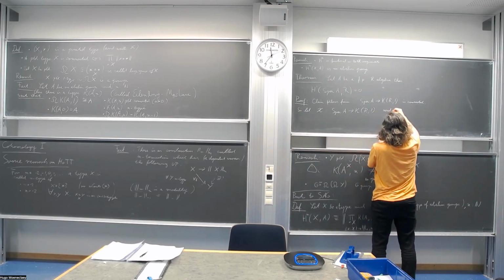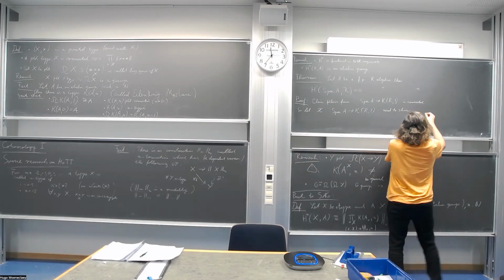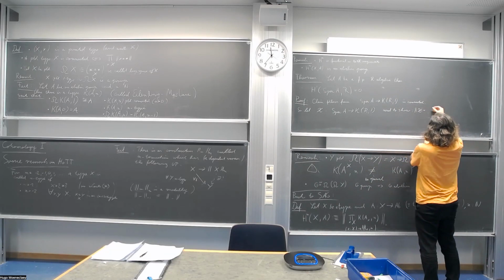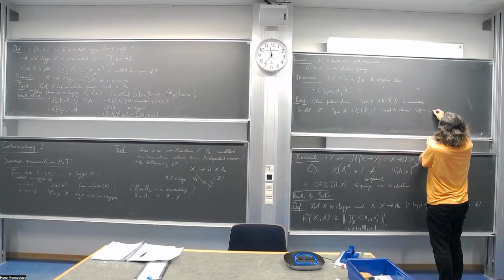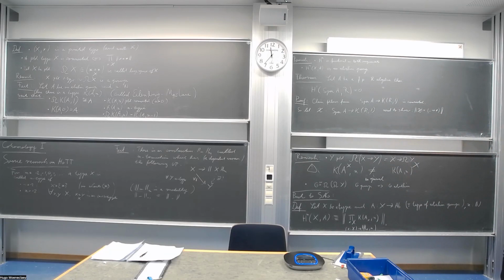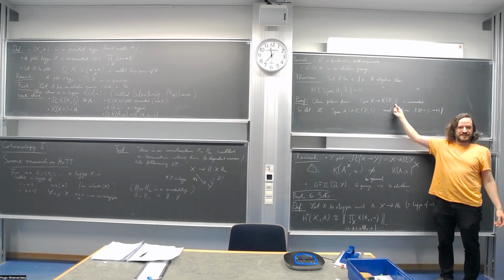And we need to show phi is equal to the constant map. But only nearly.